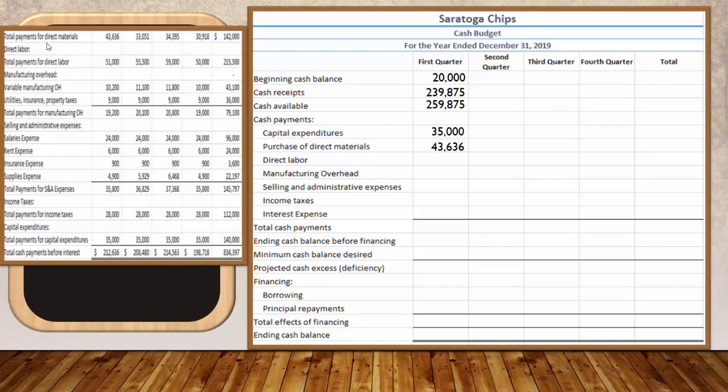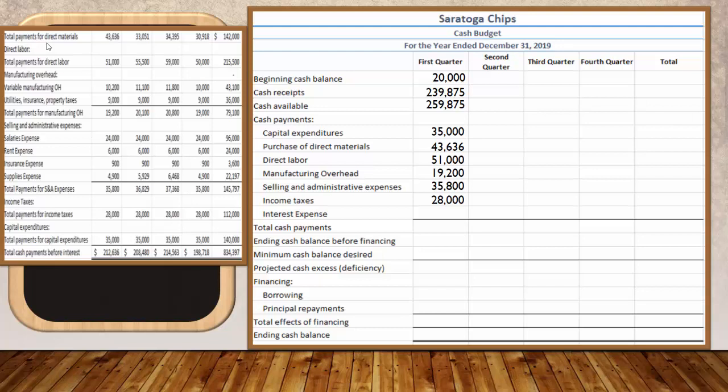For direct labor, next row down, we paid $51,000. For manufacturing overhead, our total payments for manufacturing overhead were $19,200. Our total selling and administrative expenses were $35,800, and our total payments for income tax was $28,000.